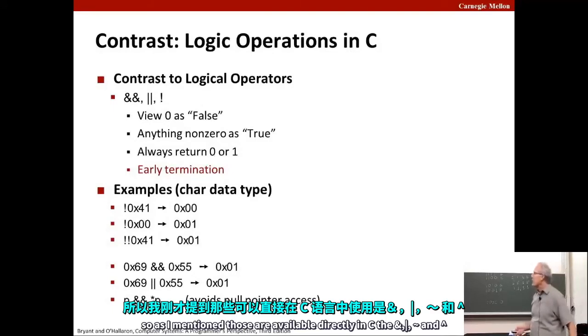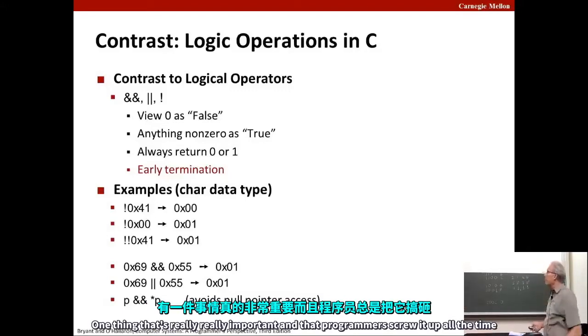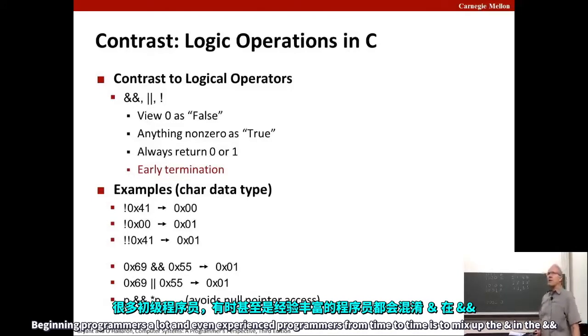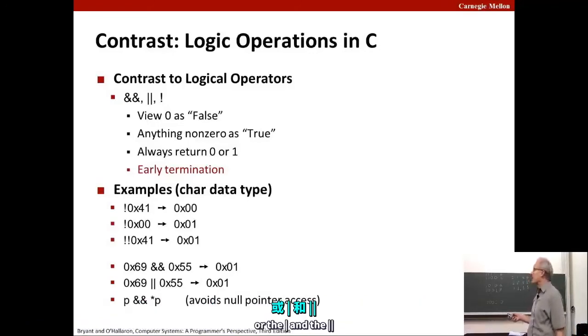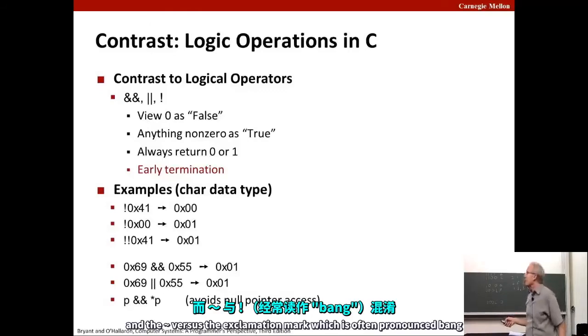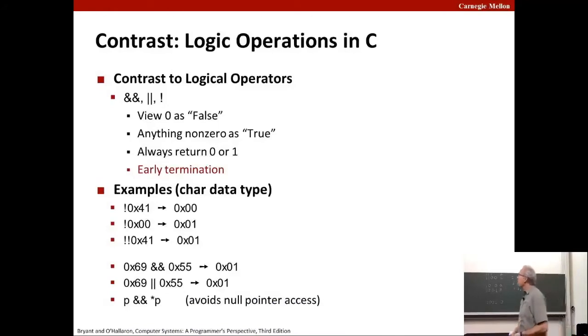As I mentioned, those are available directly in C: the ampersand, vertical bar, tilde, and caret. One thing that's really important, and that programmers mess up all the time, beginning programmers a lot, and even experienced programmers from time to time, is to mix up the single ampersand and the double ampersand, or the single vertical bar and the double vertical bar, and the tilde versus the exclamation mark, which is often pronounced bang.